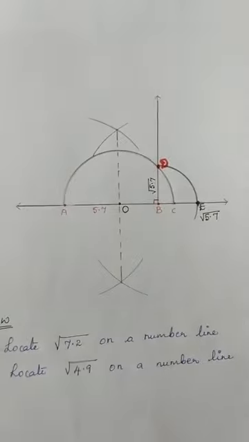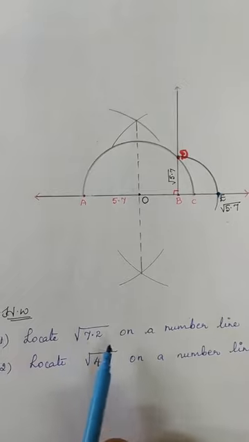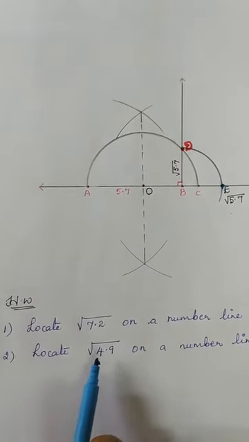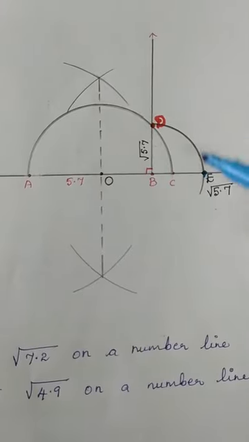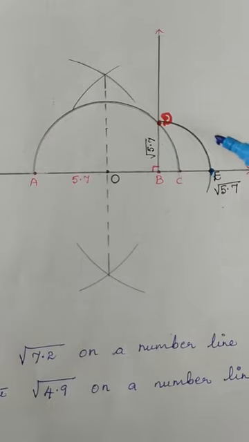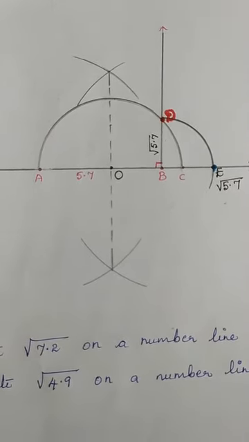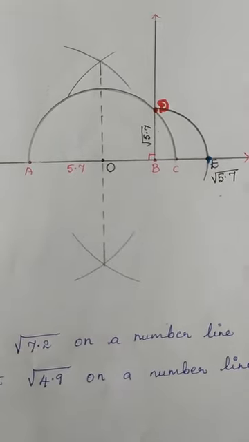Now, based on this, I have given two homeworks today: locate root 7.2 on a number line, and the second one, locate root 4.9 on a number line. Children, be very careful. It's very easy to understand, not like root 2 and root 3. No need to check the Pythagoras theorem also. We are going to prove it only geometrically.